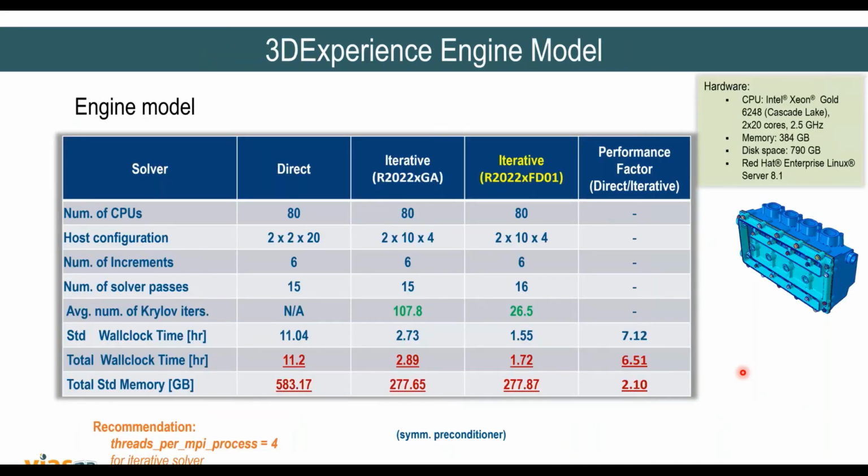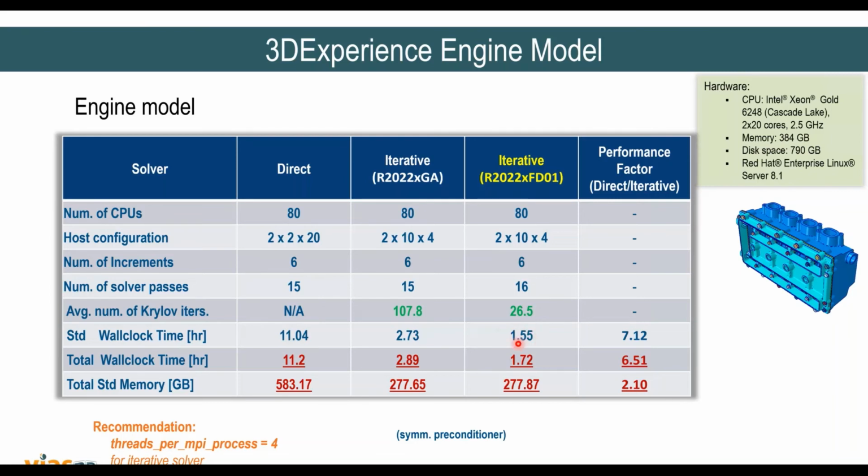So this is one example of this particular feature. This is the engine model, and here 80 CPUs are used. So this is the direct solver, and this is the iterative solver in 2022. And if you look at the wall clock time here, you look at the hours, 11 hours.